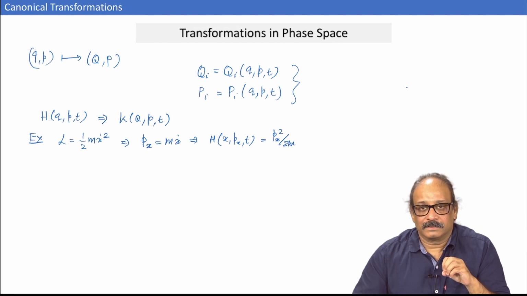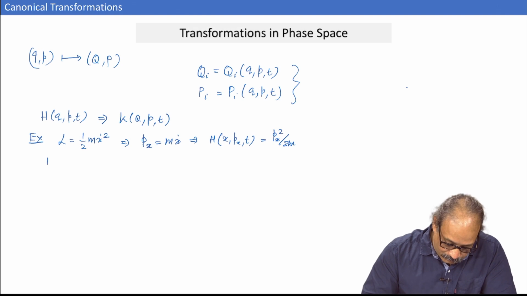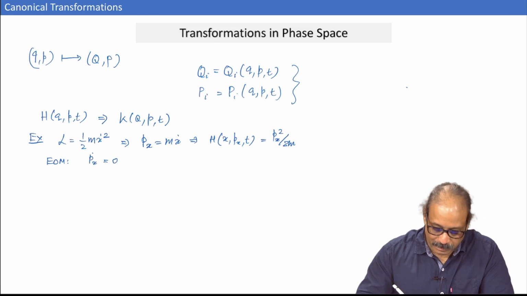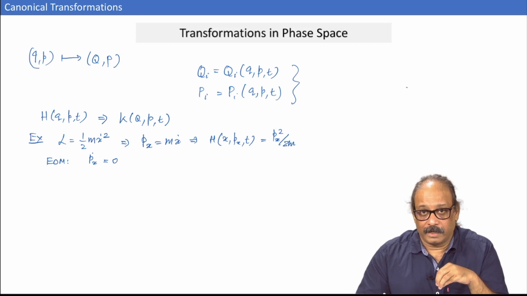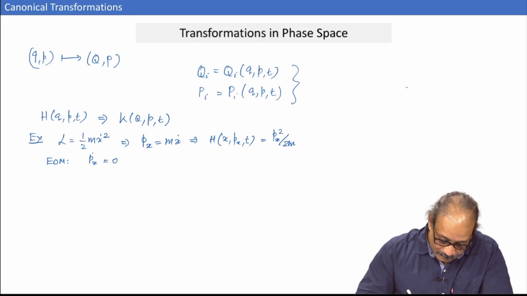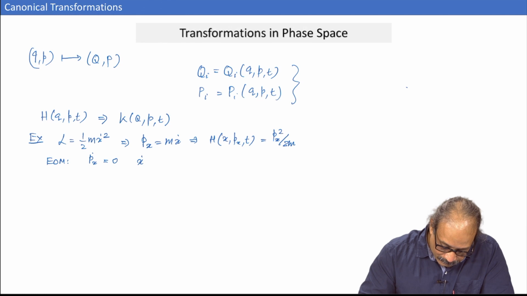And what are the equations of motion? So, equations of motion here would be Px dot is 0 because x does not appear in this Hamiltonian, and x dot will be equal to Px by m. So, these are your equations of motion, remember.